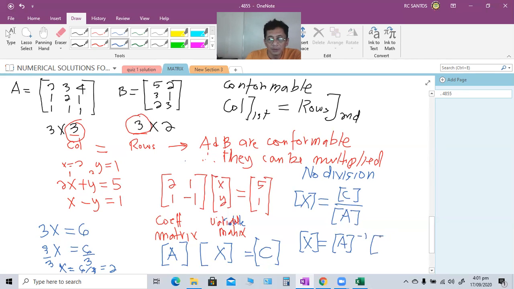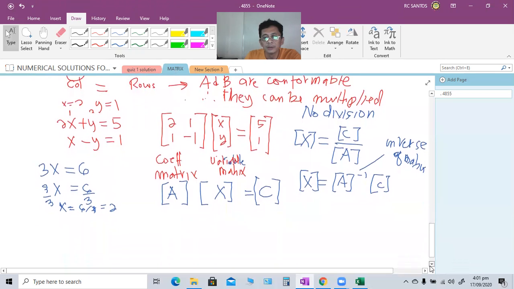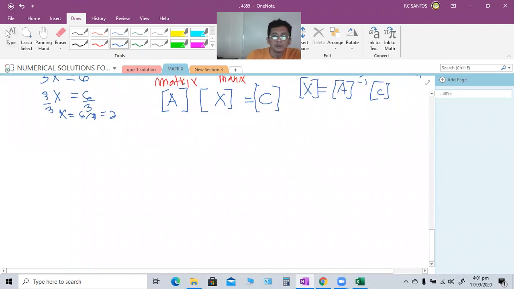Or, ang tawag natin dito, ito na tinatawag natin inverse of matrix. So, yan. So, to solve for the variable matrix, ang gagawin lang natin is to multiply the inverse to the constant to solve for this.